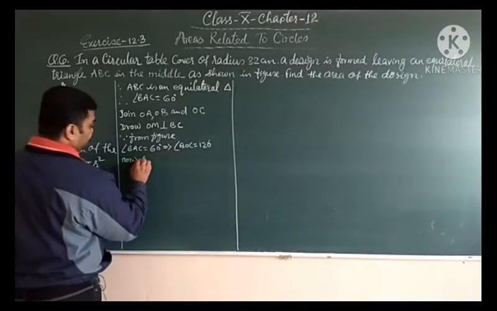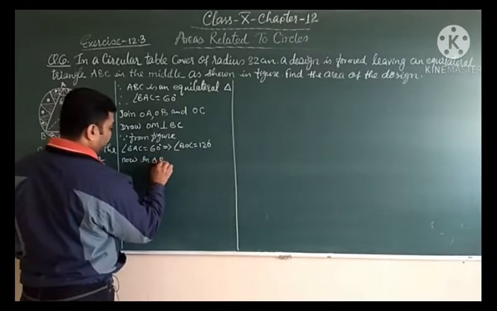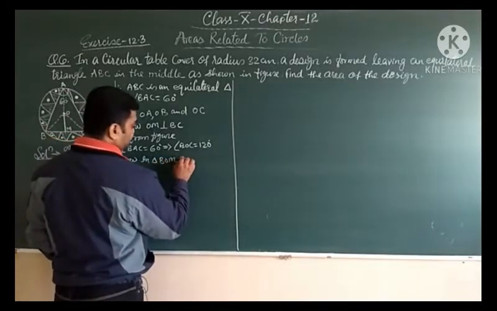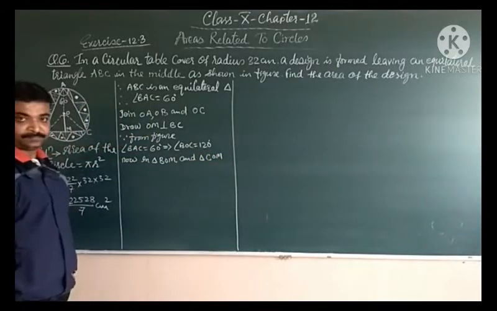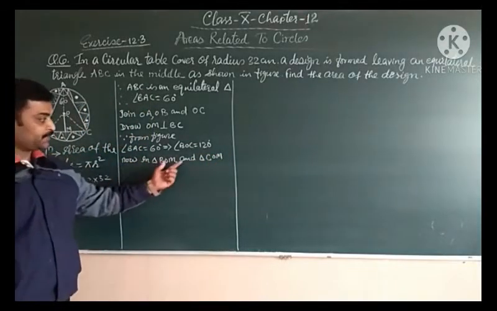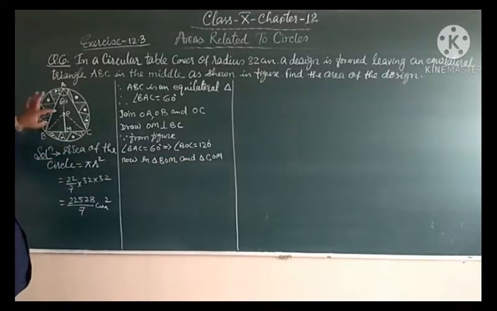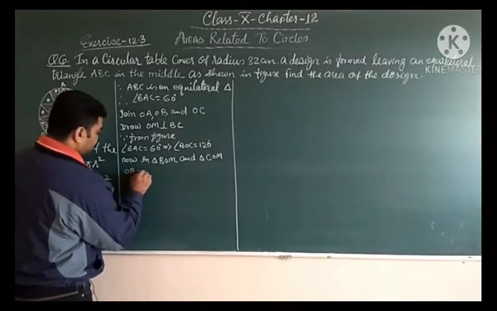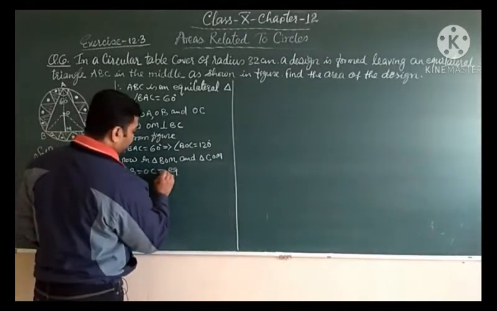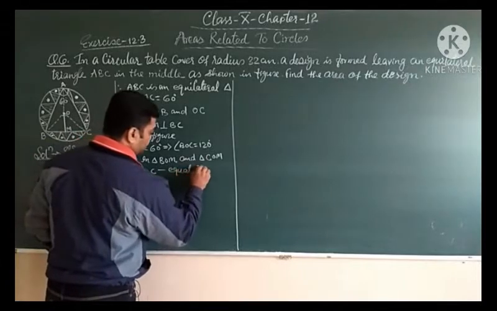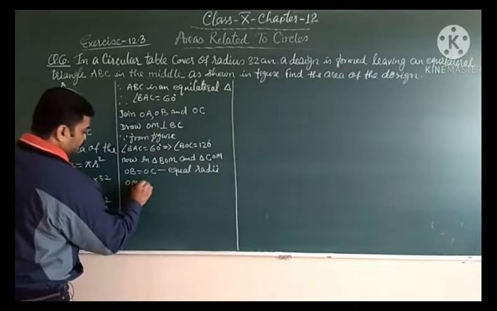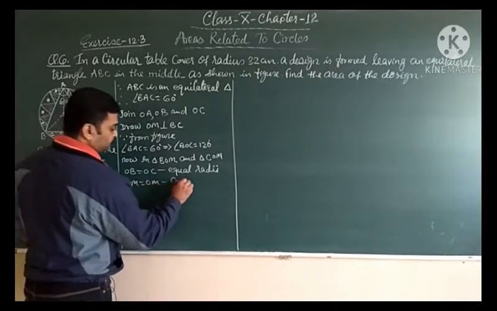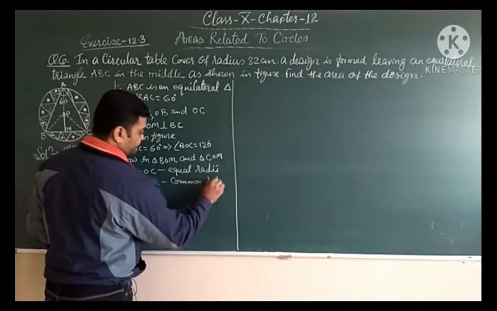Now in triangle BOM and triangle COM, in these two triangles, OB and OC are the radii, so OB is equal to OC. OM is equal to OM, which is a common side.